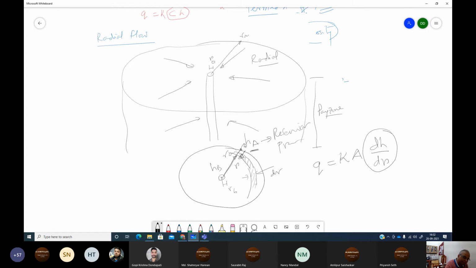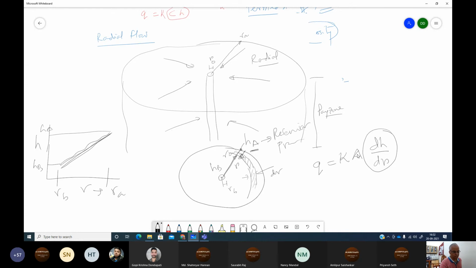So if I plot a diagram here, if this is r, let's say this is RB and RA, and this is H, so this is HB, and this is HA. So it is going in this direction. As r is increasing, H is also increasing. So this is positive by default. That's why that negative sign is not there.